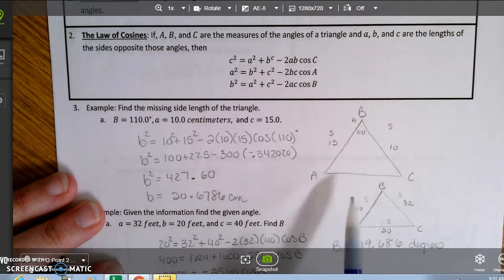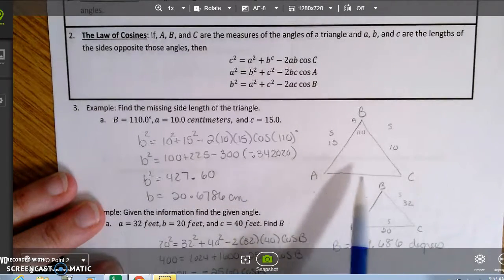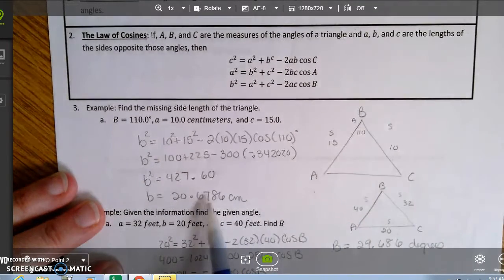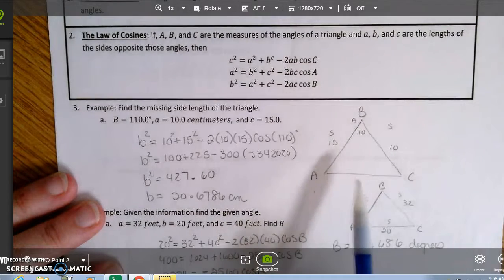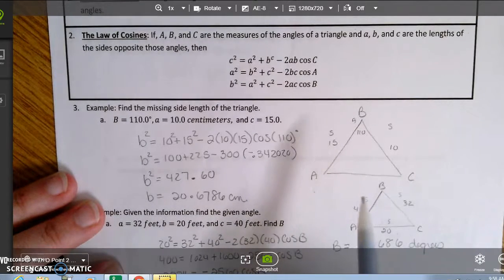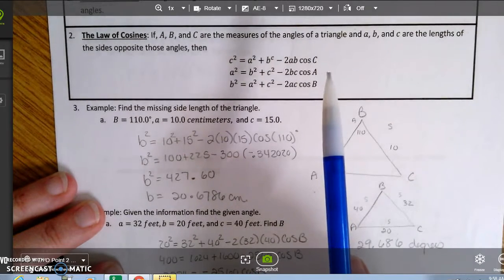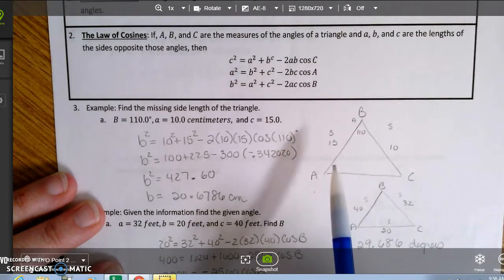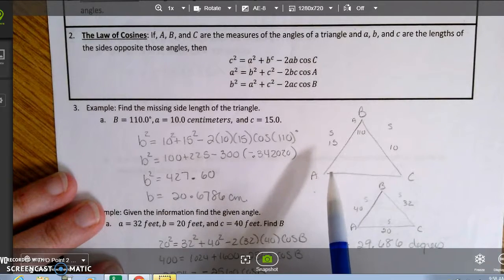So side B, which is going to be this side over here, is 20.6786 centimeters. Okay, so that gives me our missing side. I could then use the formula again if I needed to find a missing angle, and we'll talk about how to do that in just a second.